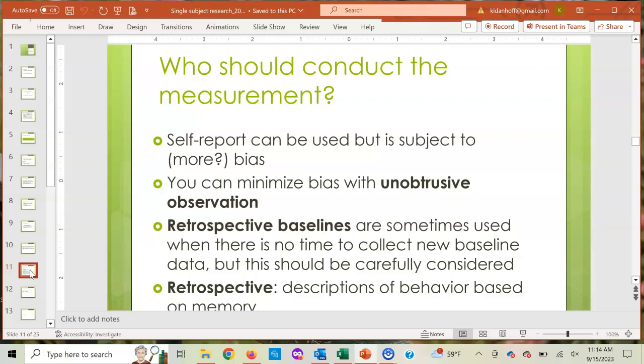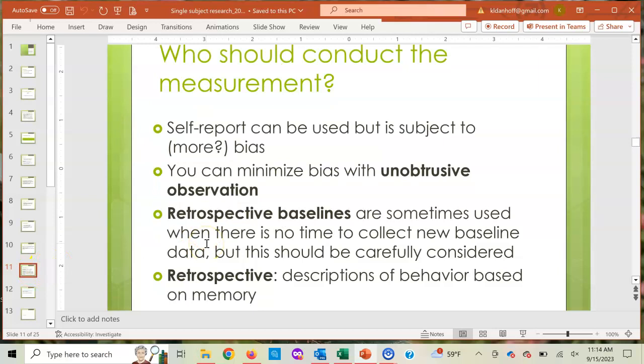You can minimize that bias with hopefully unobtrusive observation, but that can sometimes be hard. If you've got an aide in the classroom helping with this, maybe the kiddo knows, maybe it is intrusive, maybe that changes the behavior in a way that is different from the intervention. So again, thinking about who's going to observe these changes.